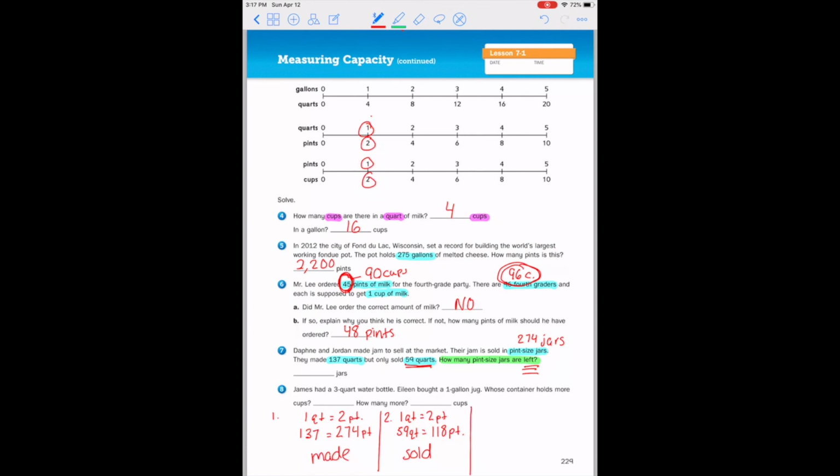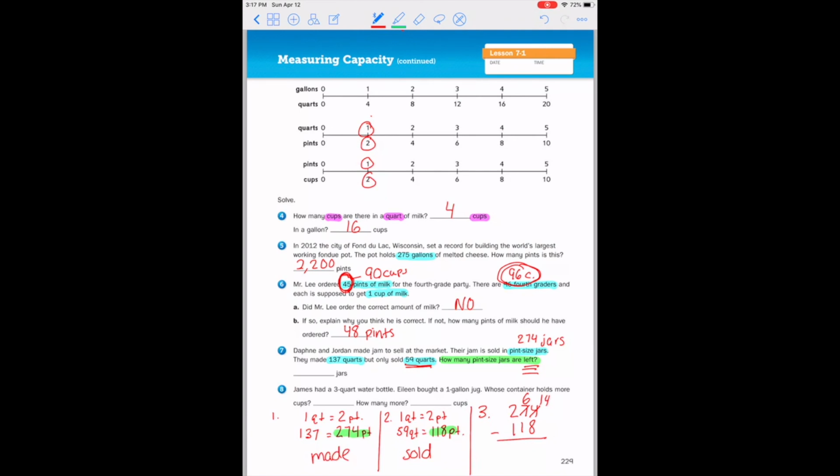So now we need to do a third step. We need to take how many they made, which was 274 pints, and subtract how much they sold, which was 118 pints. So you would make this a 14 and this a 6 because you need to borrow.